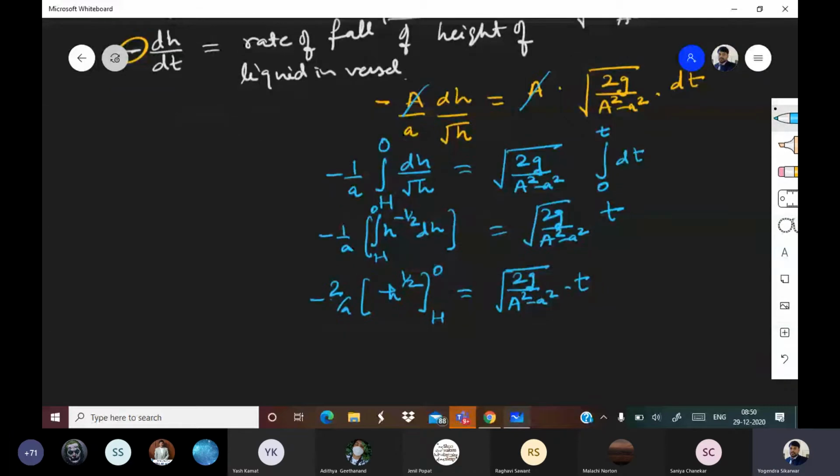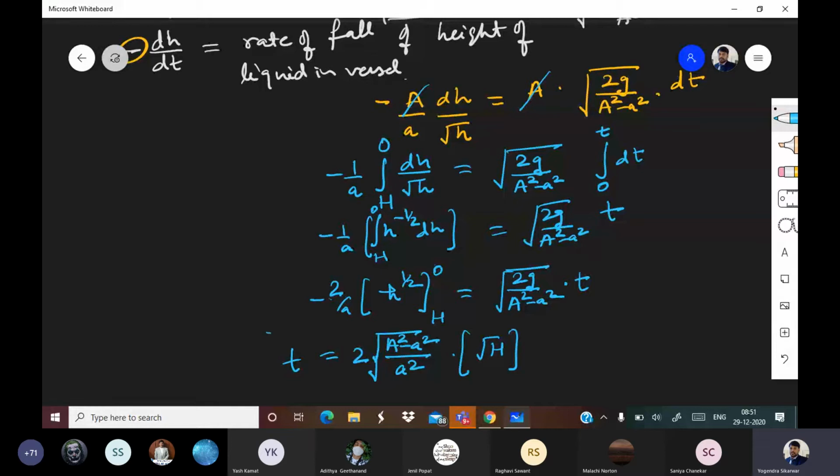And I am now finally writing the answer. So t will be, listen carefully, under the root of A square minus a square, upon small a square into 2, into root of h, because minus root of 0 will be 0.